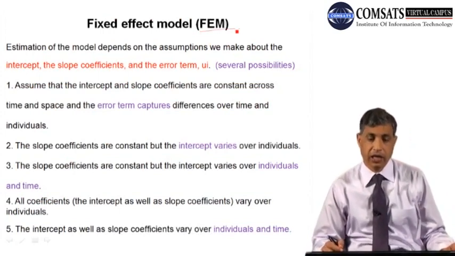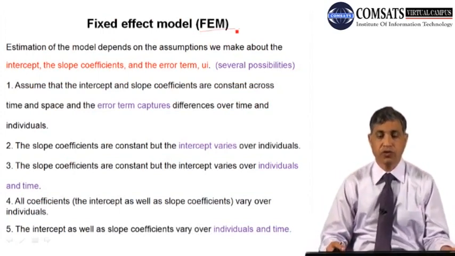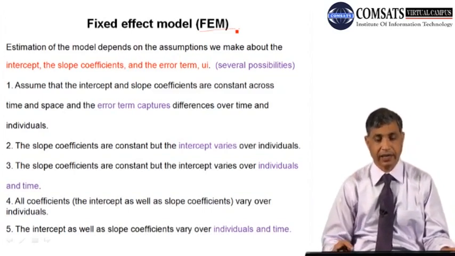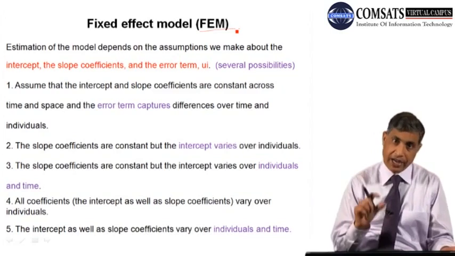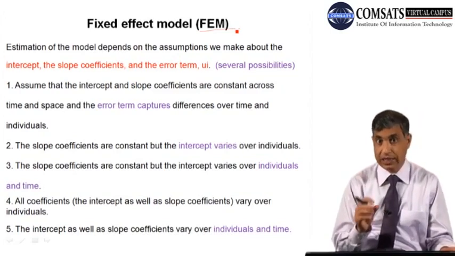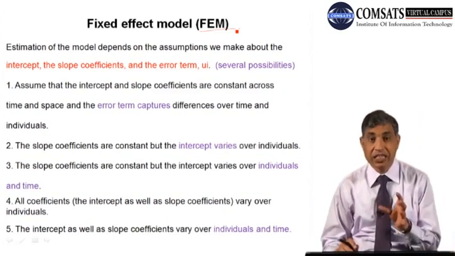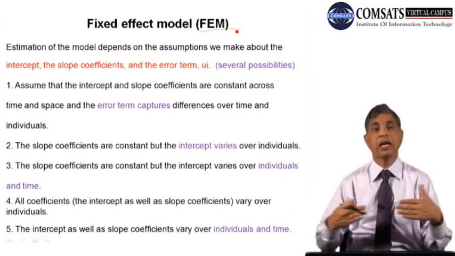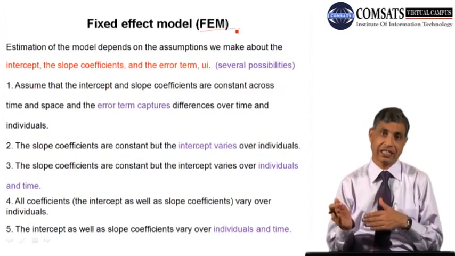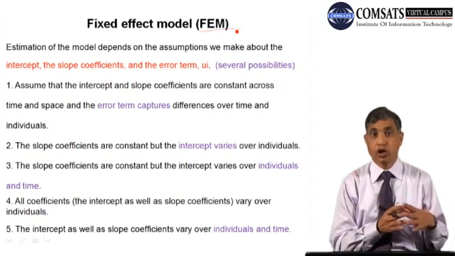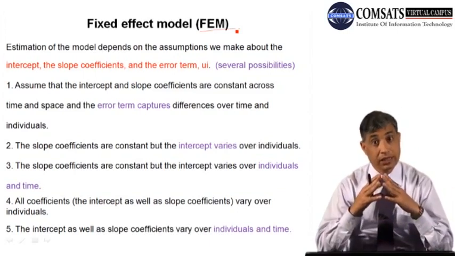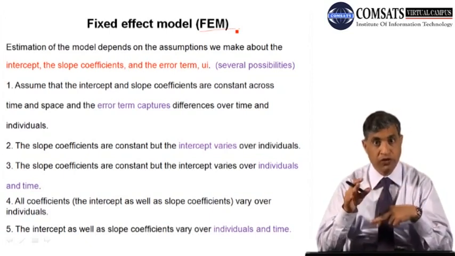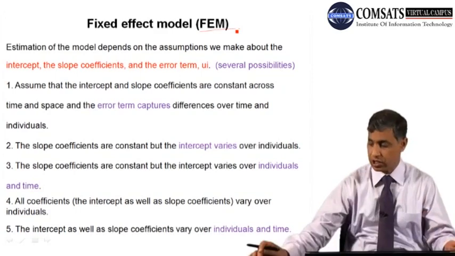Estimation of the model depends on the assumptions we make about the intercept, the slope coefficients, and the error term. The error terms, slope coefficients, and intercept have changed their interpretation, because now you have combined two series, the cross-sectional and the time series. So we will have to make some assumptions about the intercept, the slope coefficients, and u_it.